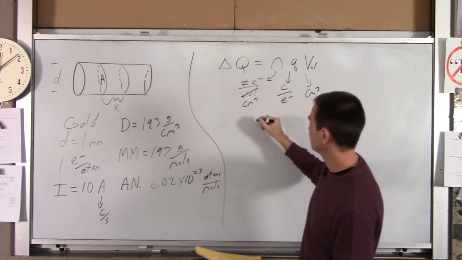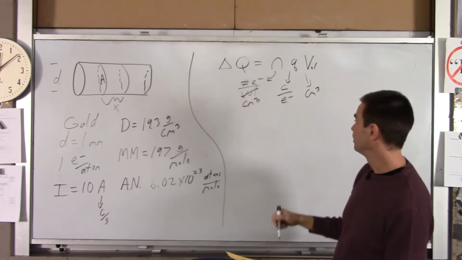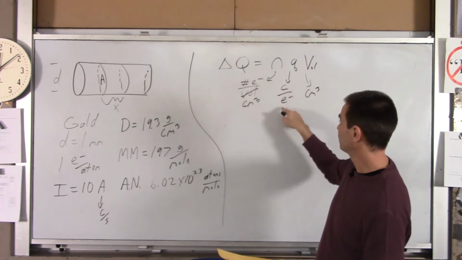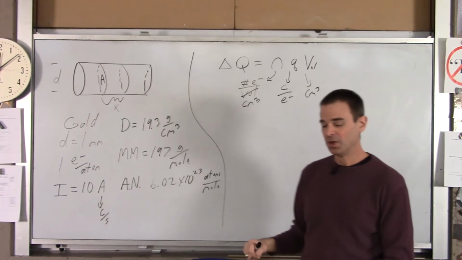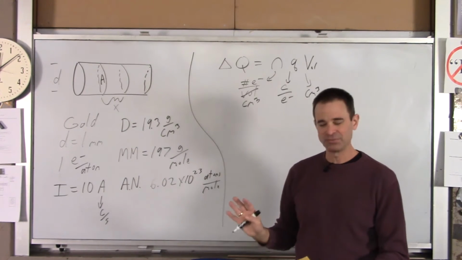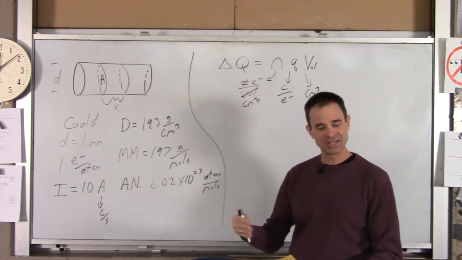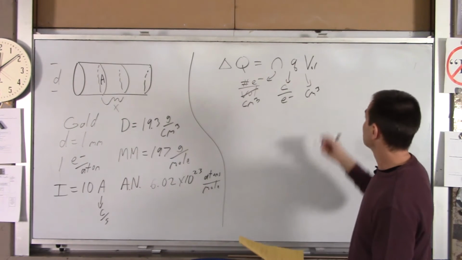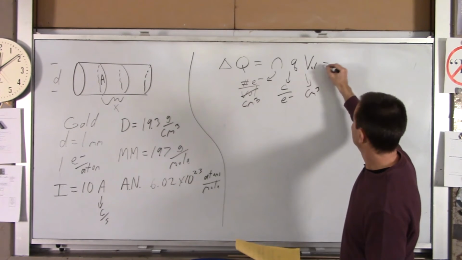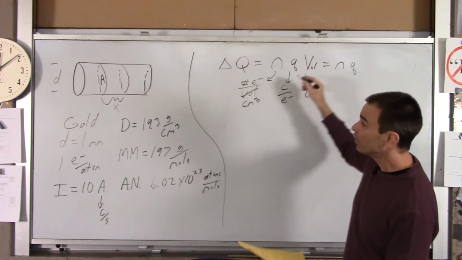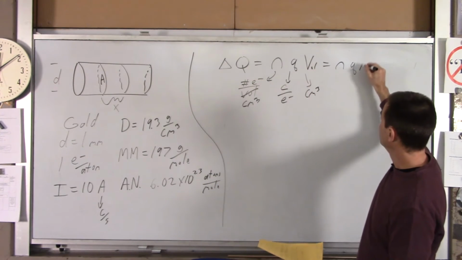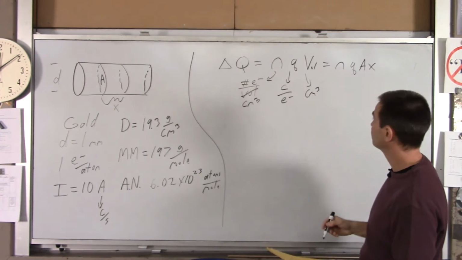Centimeters cubed cancel, electrons cancel, and you end up with coulombs. In this problem, by the way, there's a lot of dimensional analysis looking at units. Now, this equals NQ times the volume, which as we said earlier is the base area times the distance.